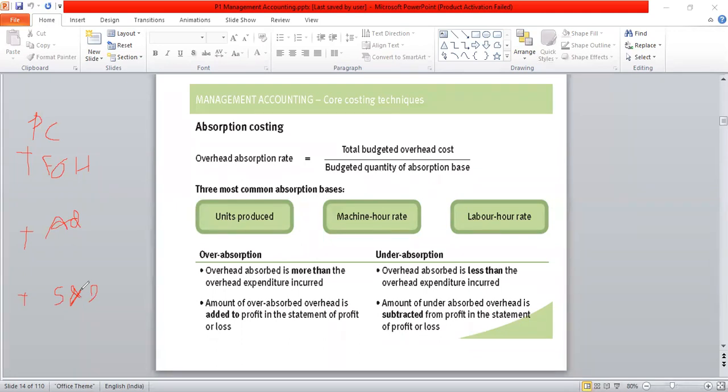But then under each of these categories of overheads, there are many items of overheads. So they have to be appropriately divided and distributed among the cost objects or cost units.